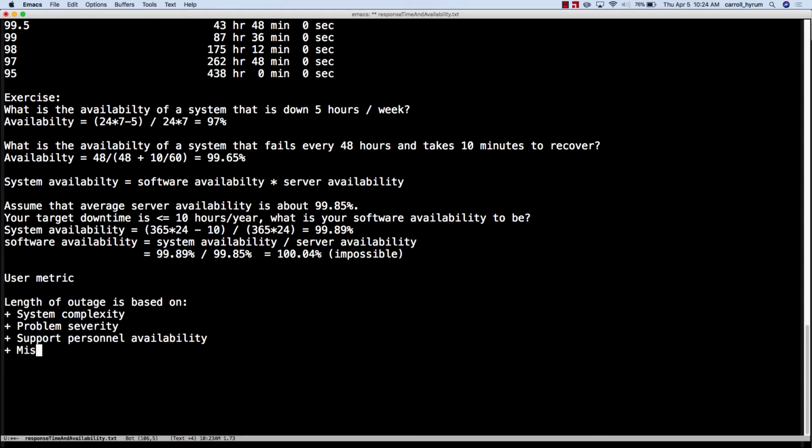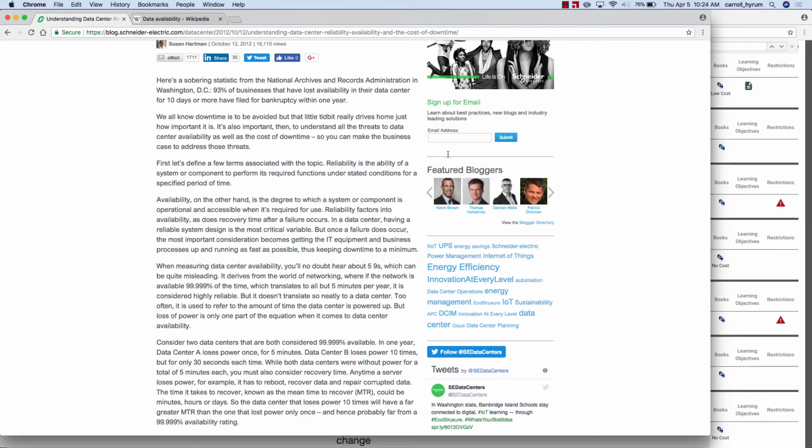Okay, and then there's also a host of miscellaneous problems. For example, what if you needed hardware from some third party? Well, how fast can they get it there? How fast can they ship it? Or whatever the case may be. Okay, let's do an exercise.